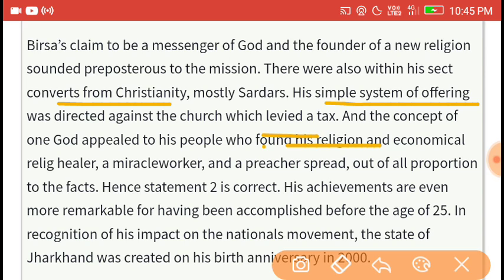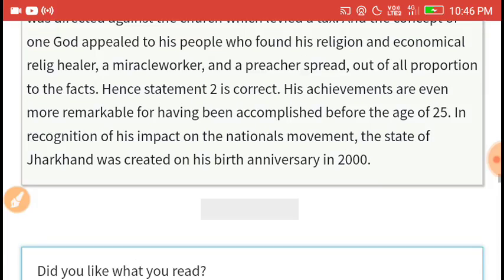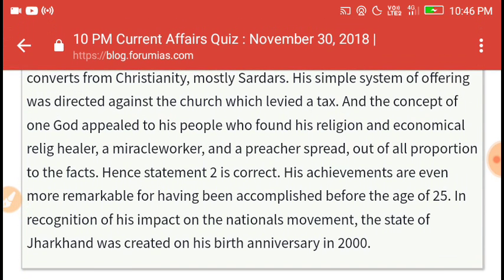He was a healer, miracle worker and preacher, and his fame spread out of all proportion. Statement 2 is correct. His achievements are even more remarkable for having been accomplished before the age of 25, in recognition of his impact on the national movement.